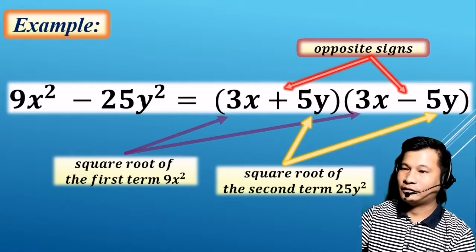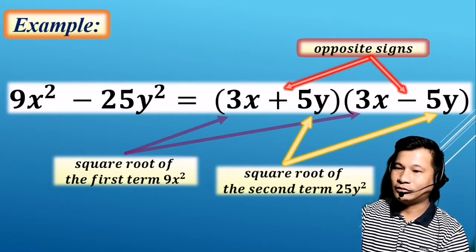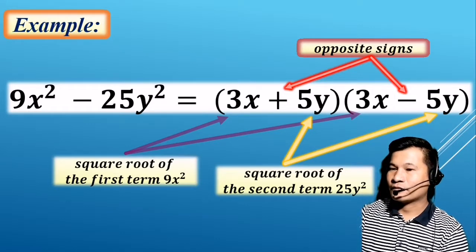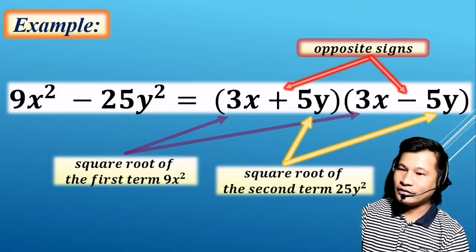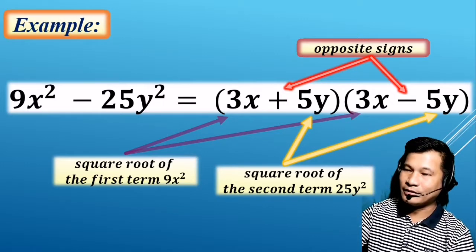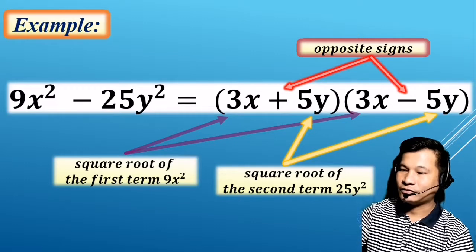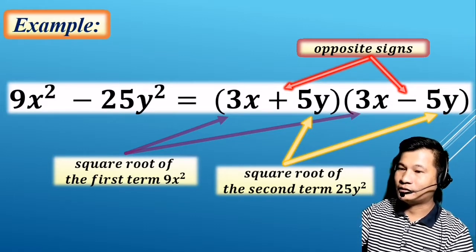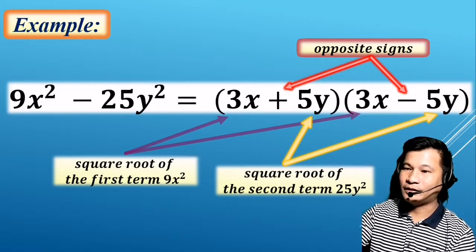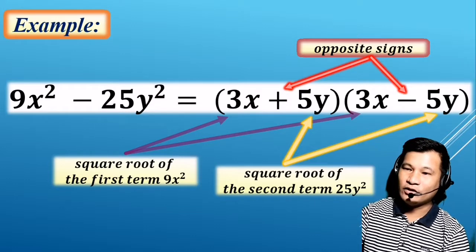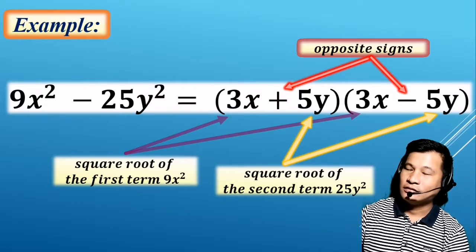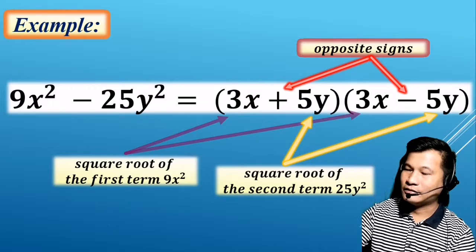And then write the factors in the binomial form, just like what you can see on the screen, 3x plus 5y times 3x minus 5y. So do not forget that the signs of the binomial factors will always be opposite signs, positive and negative.